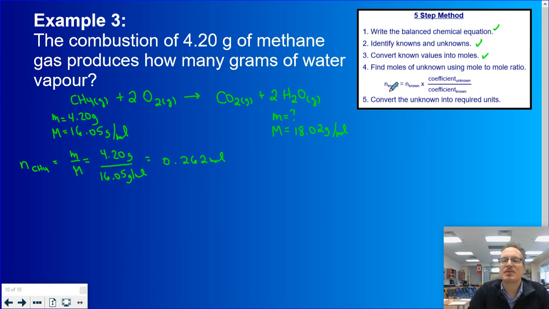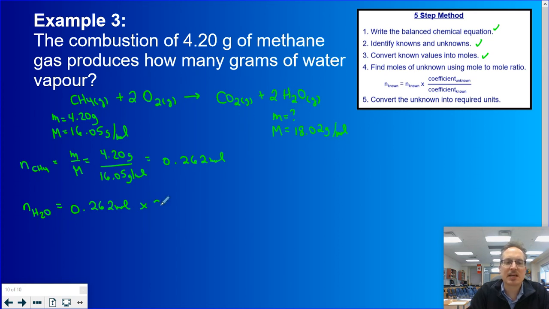Well, our fourth step is to do the mole ratio. So we are trying to find now the moles of water. So write down the moles that you already know. So that's the moles we just calculated. We're going to multiply by the moles of our unknown where our question mark is.